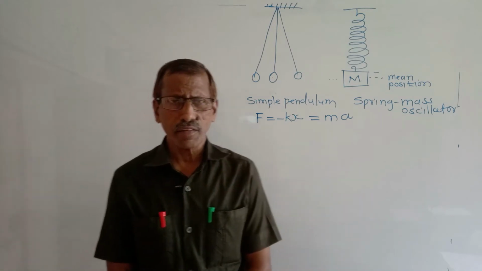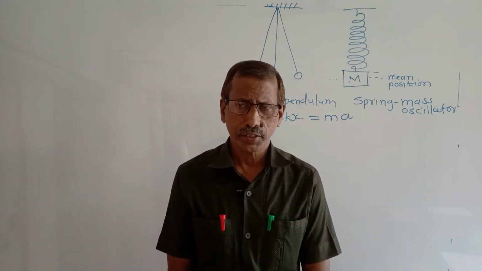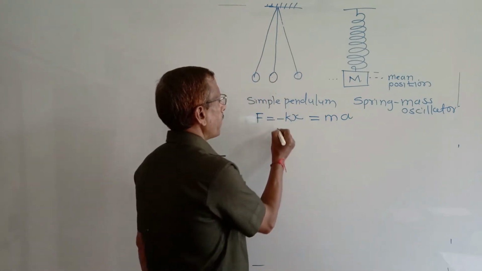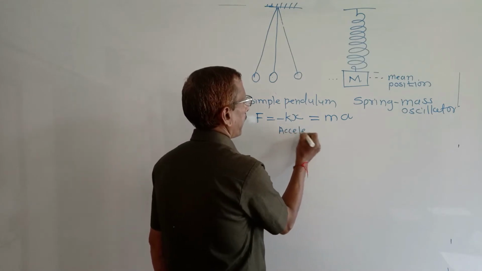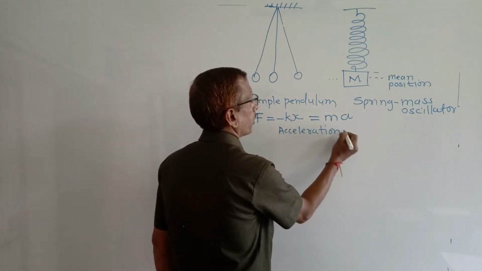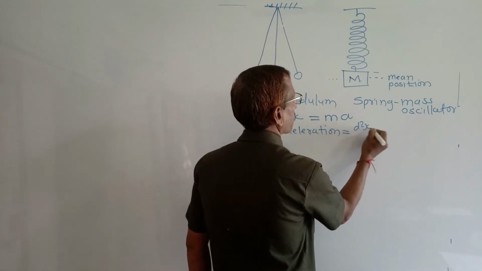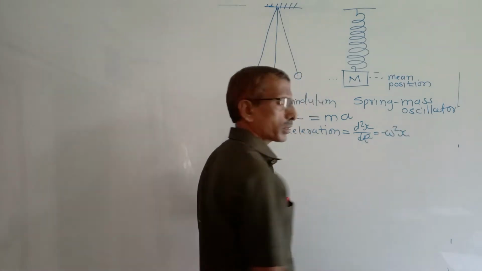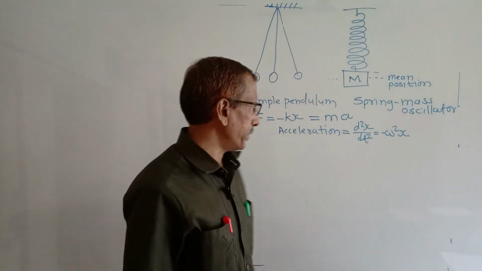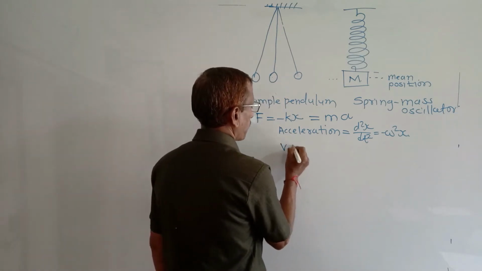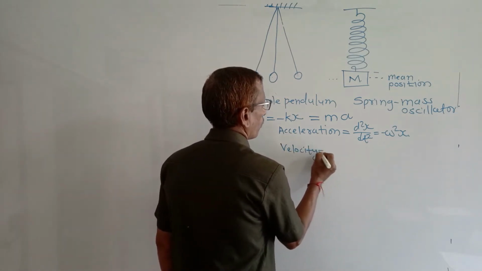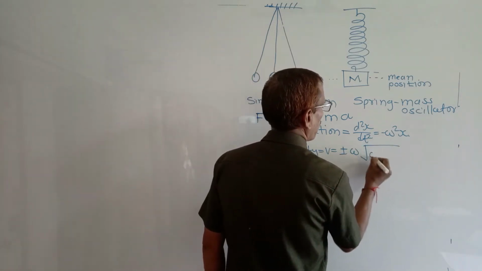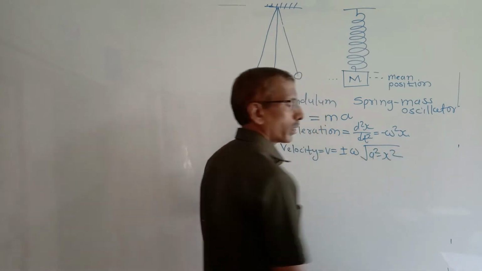From this we obtain the differential equation of linear SHM, and from that again we obtain the value of acceleration: d2x upon dt square is equal to minus omega square x. Again from this acceleration we find the velocity: v is equal to plus minus omega times the square root of a square minus x square.